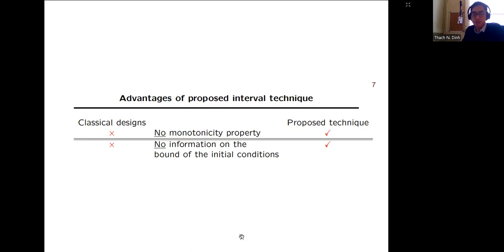Even if we use some zonotopic method, we still need information on the bounds of the initial conditions. Our proposed technique can help avoid those assumptions, and moreover, it can give a fixed-time interval estimate or a deadbeat estimate.